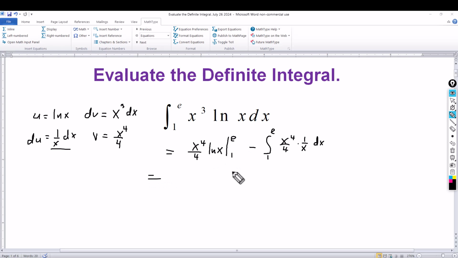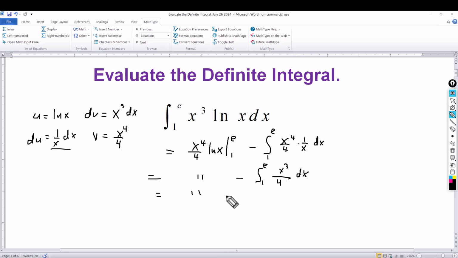And then we're just going to bring this first part down for now. And then it's minus. I'm going to simplify this. I haven't taken the integral yet. The limits are 1 to e, and then reduce this. This gives me x to the third over 4 dx. Again, bring down the first part.